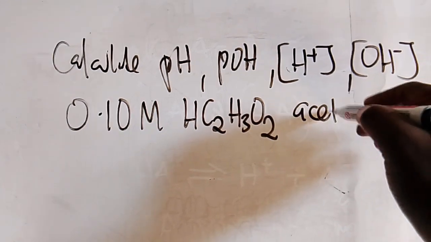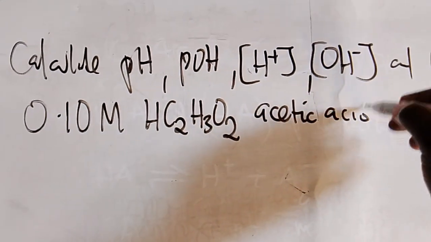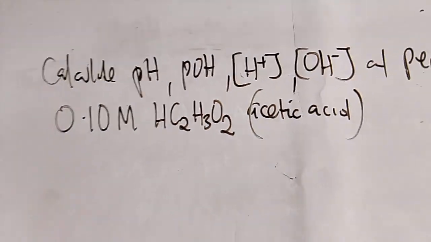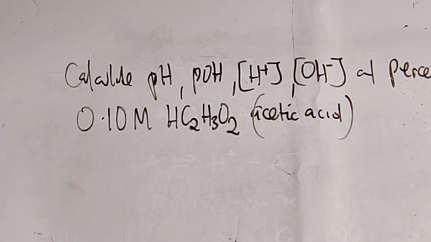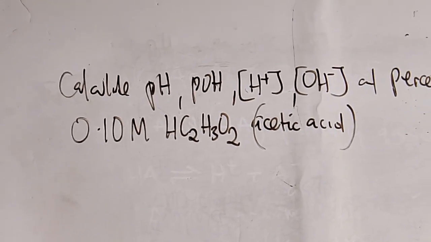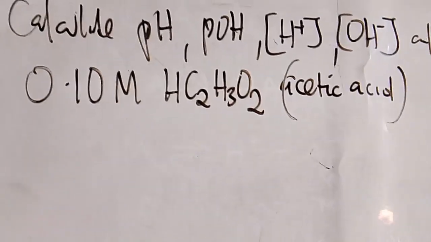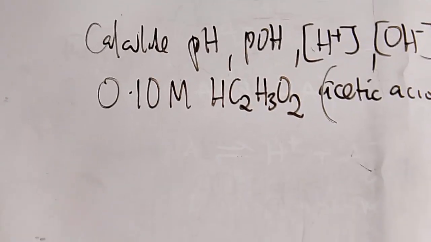So this is acetic acid. Okay, so let's calculate the pH of this 0.10 molar acid solution.